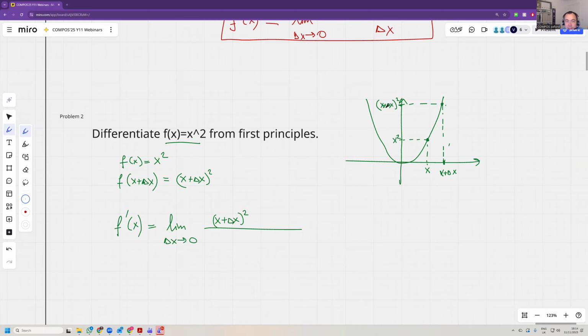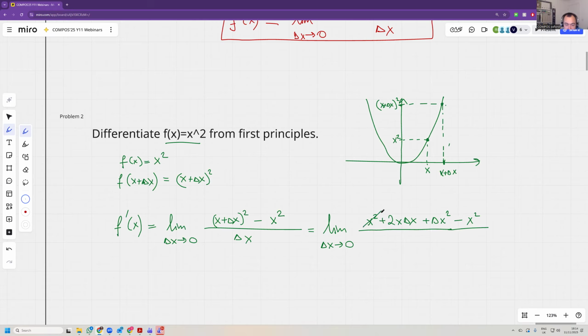x squared and x plus delta x squared minus x squared, divided by delta x. So that's equal to the limit as delta x tends to 0. And if I open the brackets, it becomes x squared plus 2x delta x plus delta x squared minus x squared.